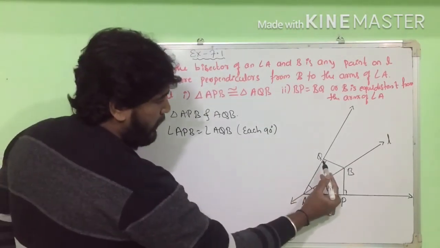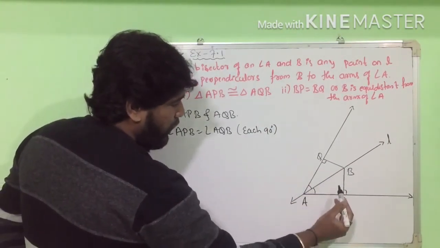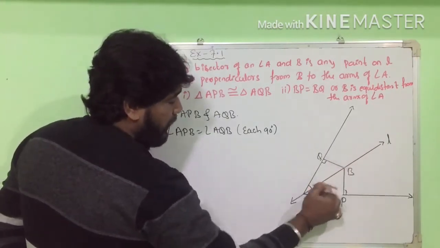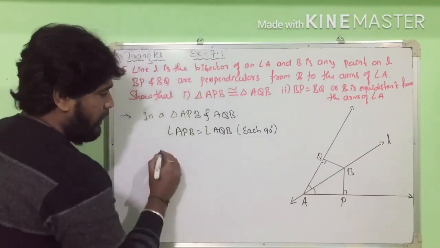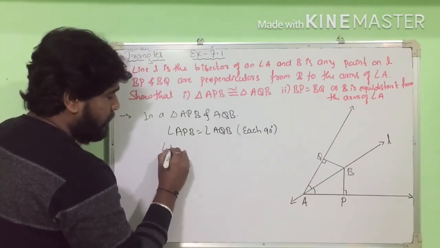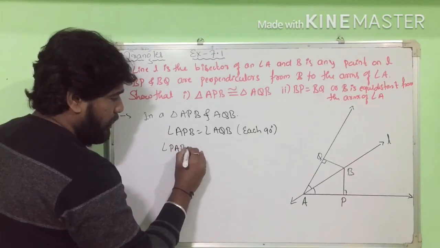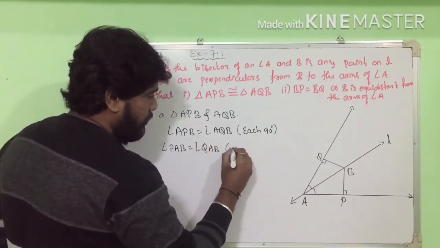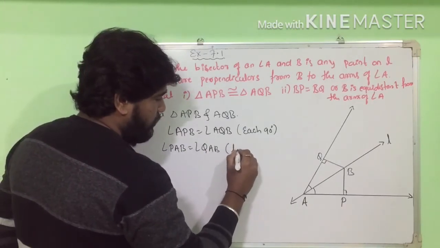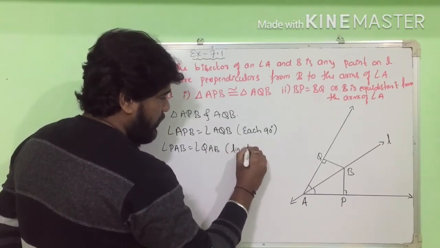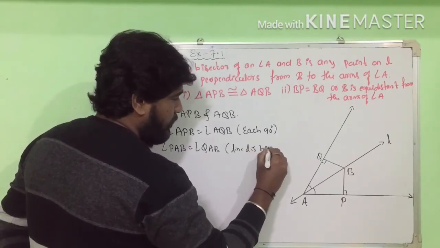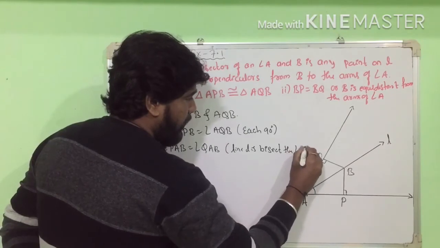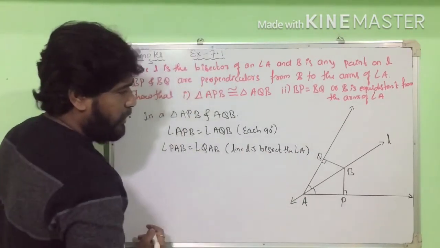Another one, angle QAB is equal to angle PAB. These two angles are equal because the line L bisects the angle A, right? So angle PAB is equal to angle QAB. The line L bisects the angle A, that's why these two angles are equal.